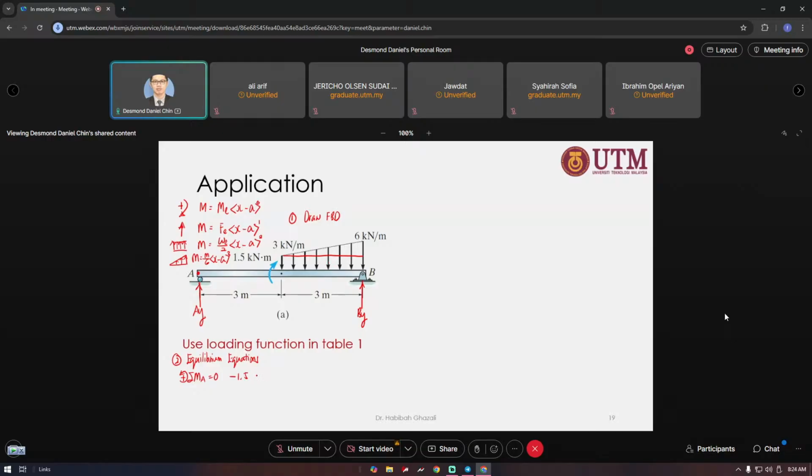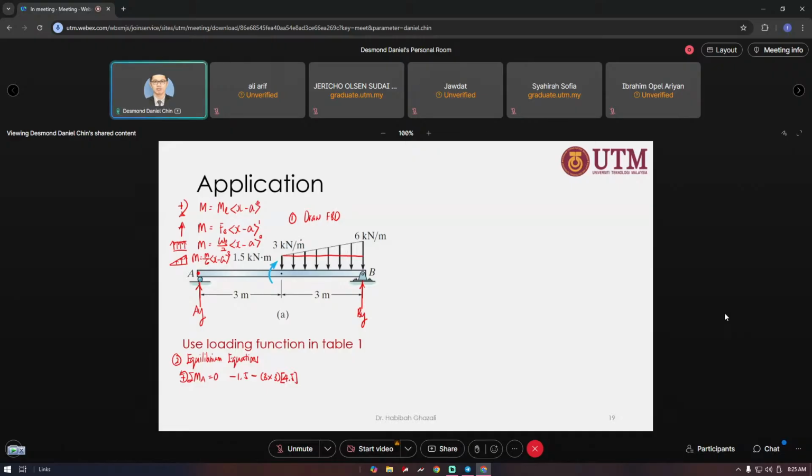So therefore, this is negative 3 times 3, because you need the height of the rectangle multiplied by the length of the rectangle. So far, so good. Followed by, you have to multiply with the perpendicular distance to point A. The perpendicular distance of the rectangular loading is half of the rectangle, so 3 meter plus 1.5 meter, that's why you will get 4.5 meter.